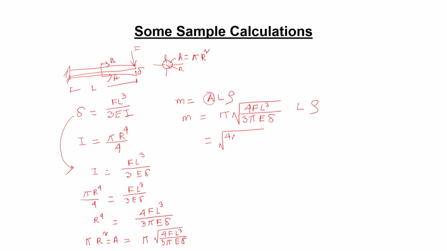So, you get 4 pi squared F divided by 3 pi E, okay, and I am keeping this L cubed part separate. Which means you can have that geometry part here as the square root of L cubed and L together.